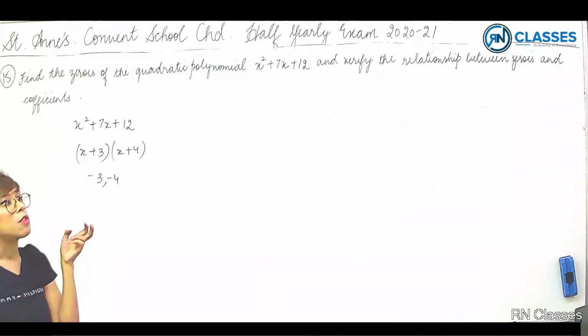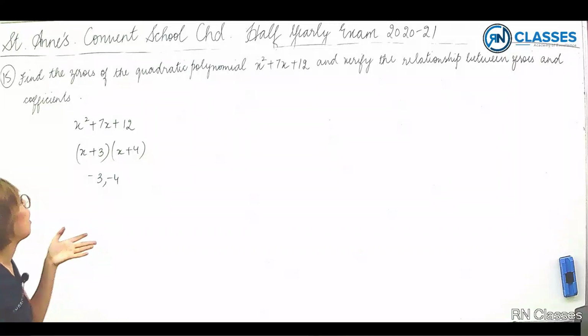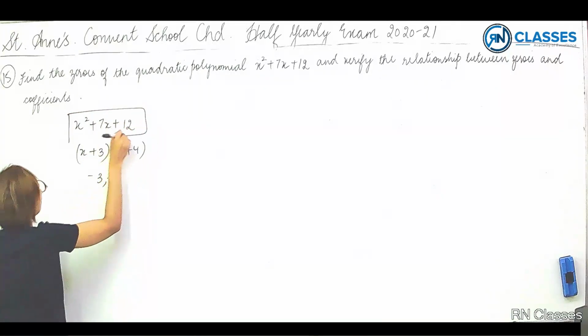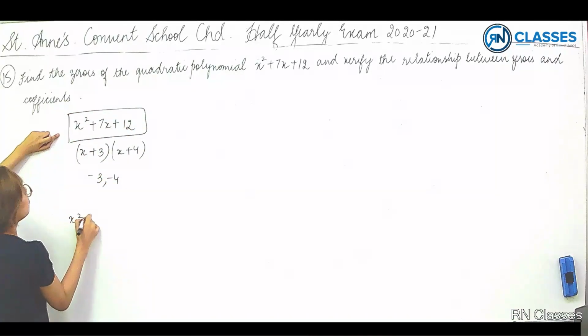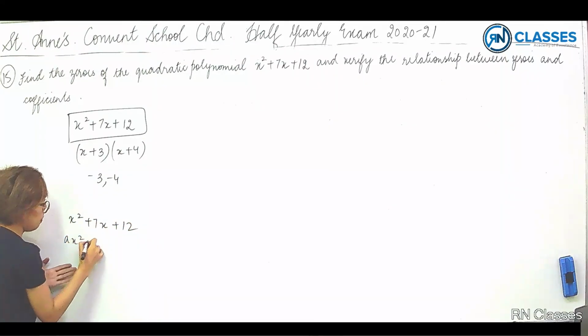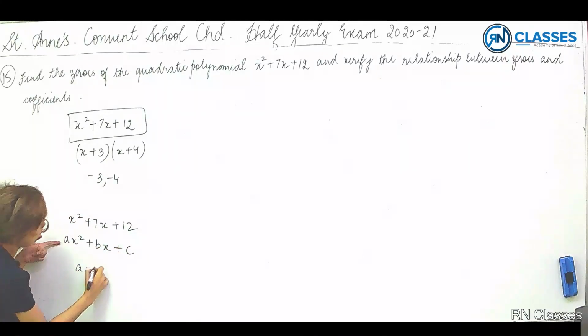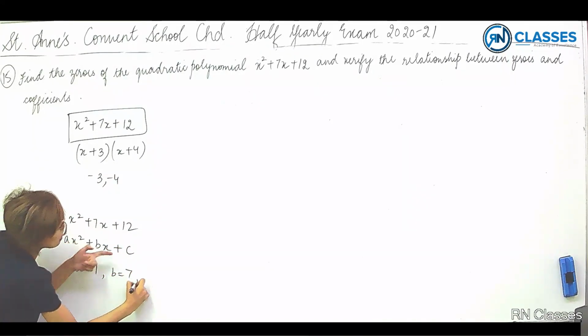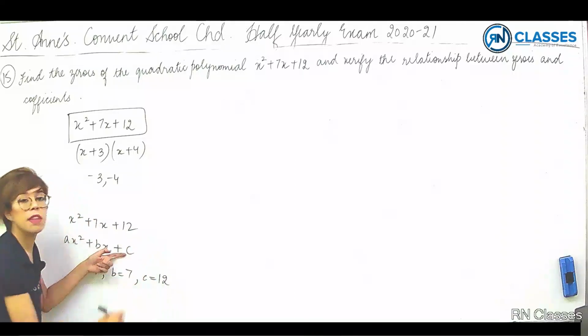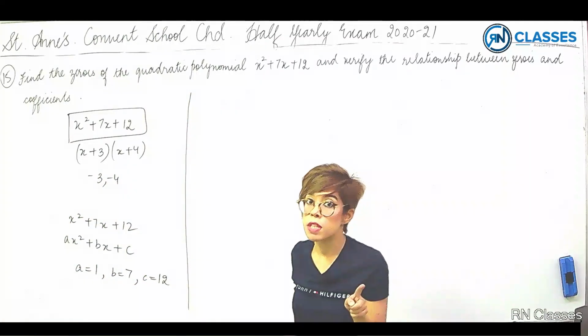Now, since I was talking about minus b by a, c by a, let's just compare our polynomial, x square plus 7x plus 12, with the general polynomial ax square plus bx plus c. So obviously, a is 1, b is 7 and c is 12. Now, first relationship is with regard to sum of zeros.